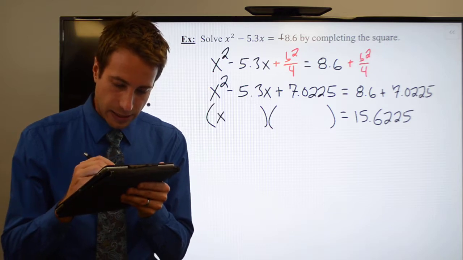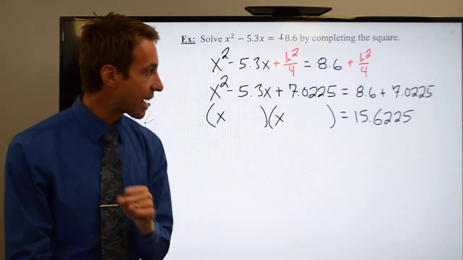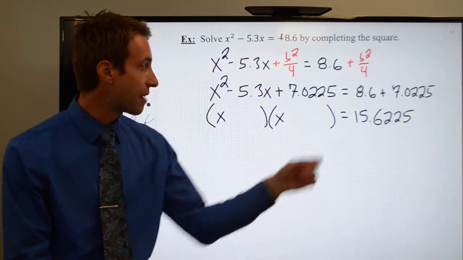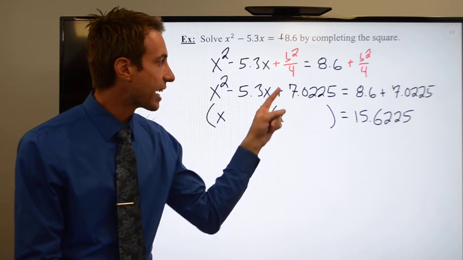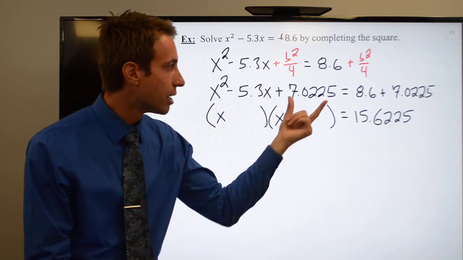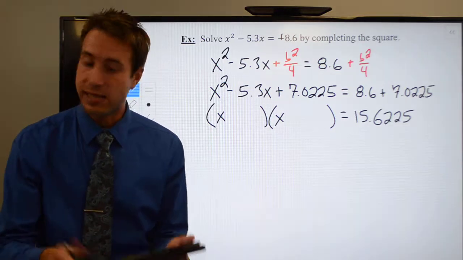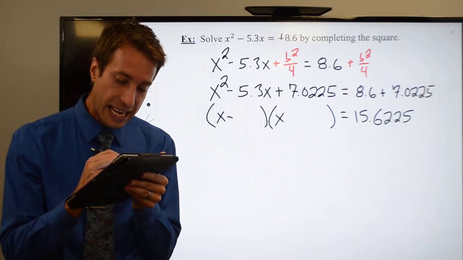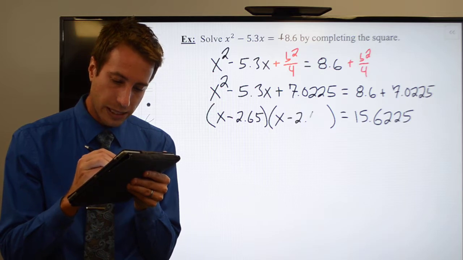I'm going to have an x and an x, and I need two numbers that multiply together to get me 7.0225, and they would sum to give me a negative 5.3. All you have to do is take the square root of this number, in which case you would get 2.65, but it needs to be a negative 2.65 and a negative 2.65.